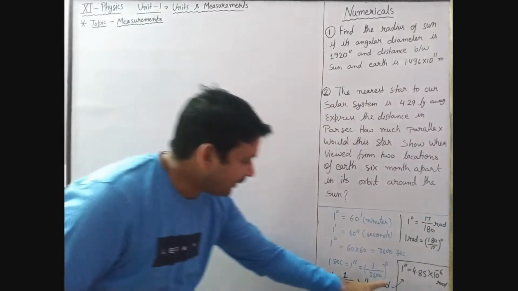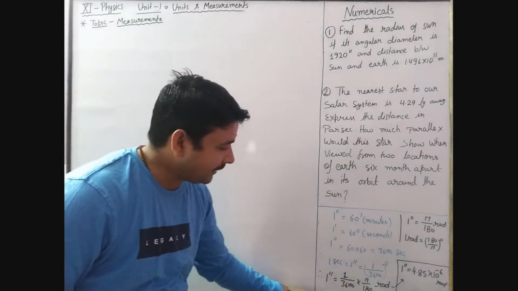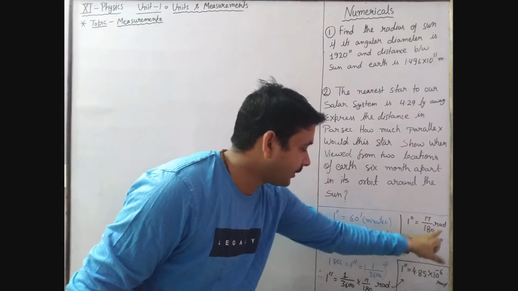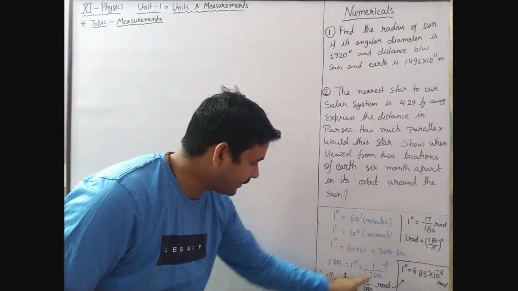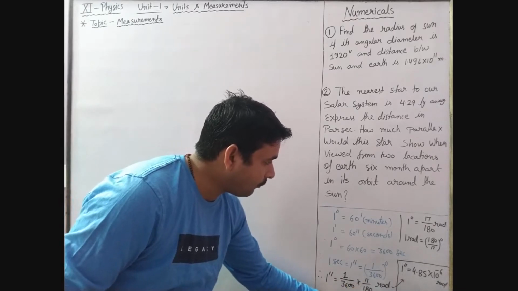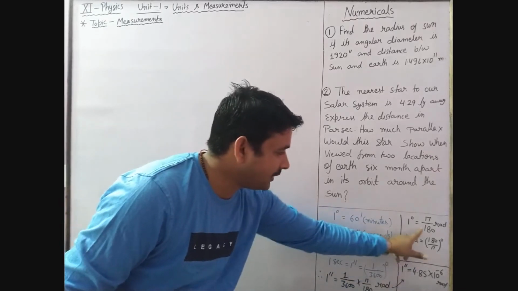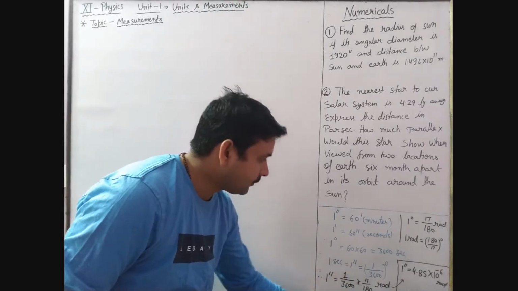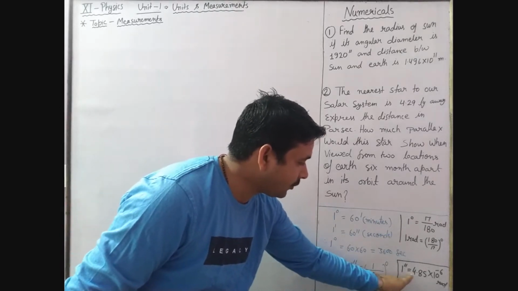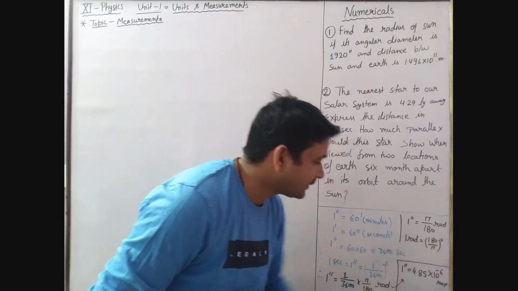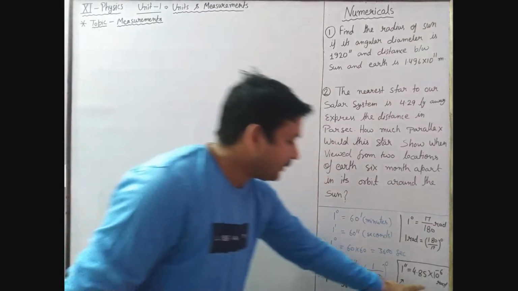Now finally we convert 1 second into radian using the degree measurement. This will be 1 upon 3600 into pi upon 180. When we solve this, we get 1 second is equal to 4.85 into 10 to the power minus 6 radian.